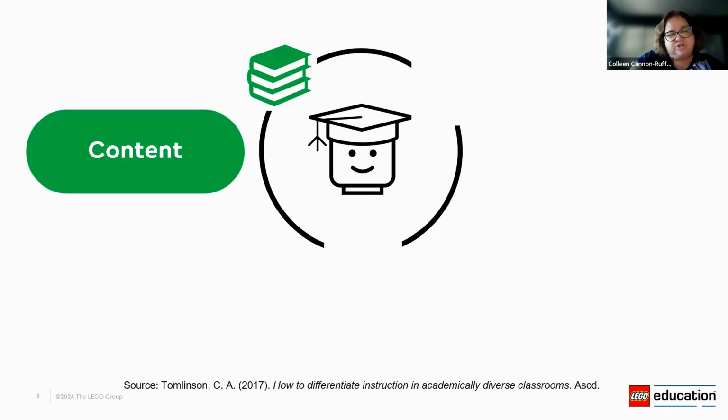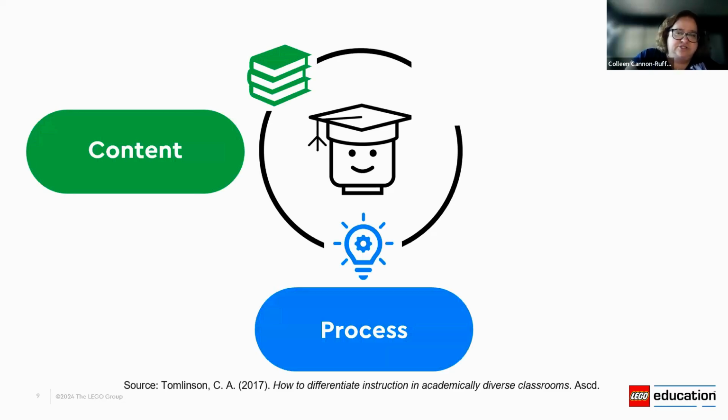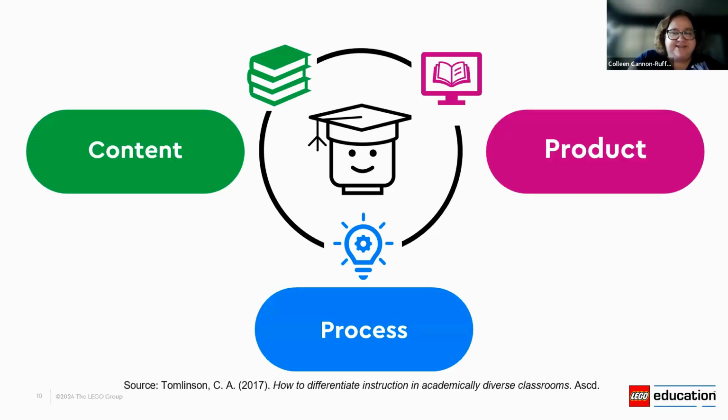It's about creating multiple pathways to the learning: from how they acquire the content we want them to learn, to how they process or make sense of that content, and finally, to how they demonstrate and show us what they have learned. These pathways need to fit how varied the students are in front of us: their readiness for learning, their interests or passions, and the unique backgrounds they bring into the learning process.